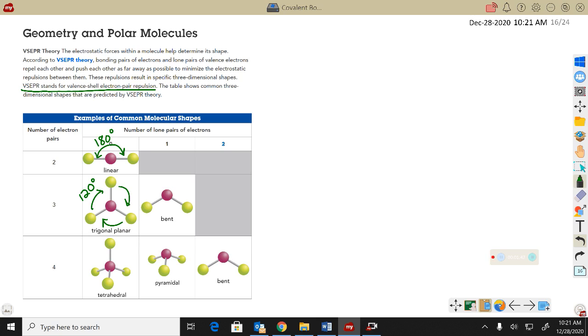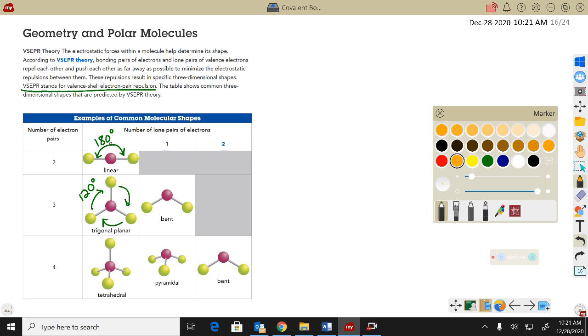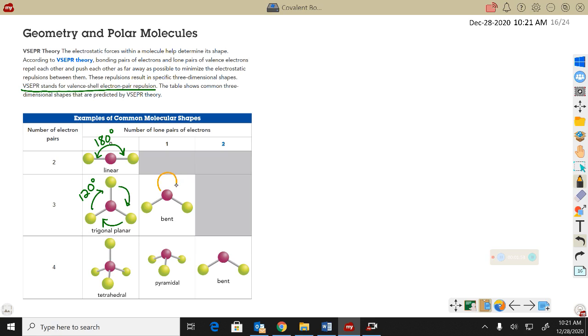However, sometimes we draw a Lewis structure and we'll find there are 3 electron groups on the central atom, but one of the electron groups is a lone pair. And that's what this half of the table says up on top: number of lone pairs of electrons on the central atom. So I've got a total of 3 electron pairs, but one of them is a lone pair.